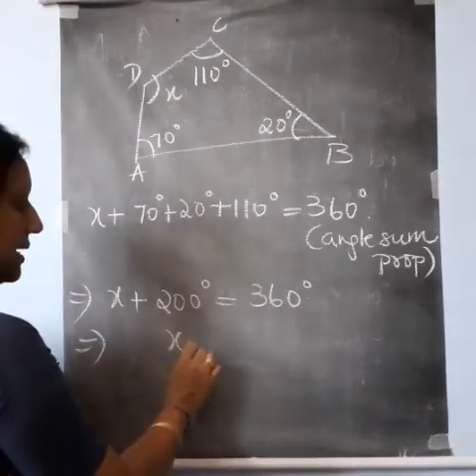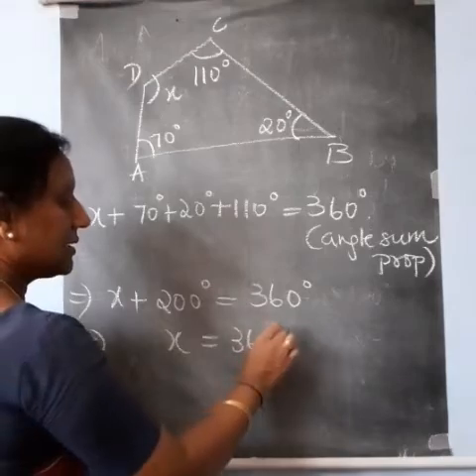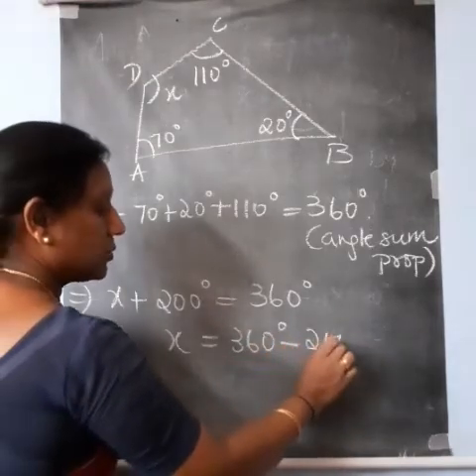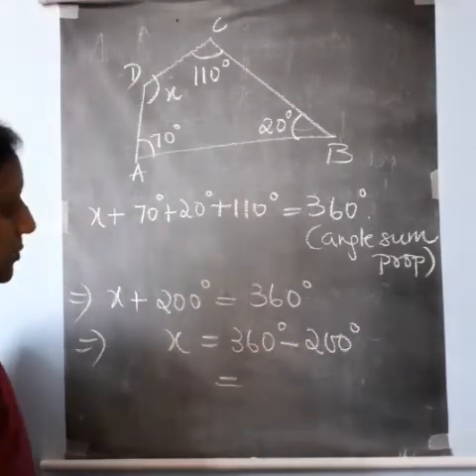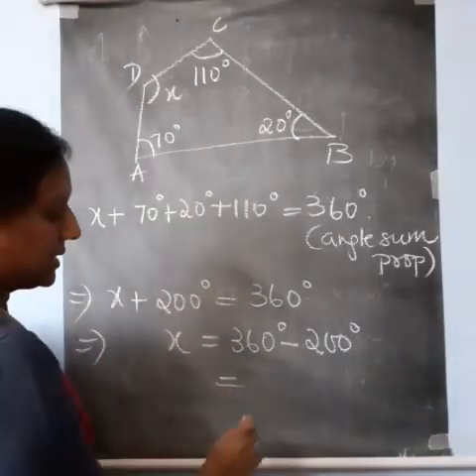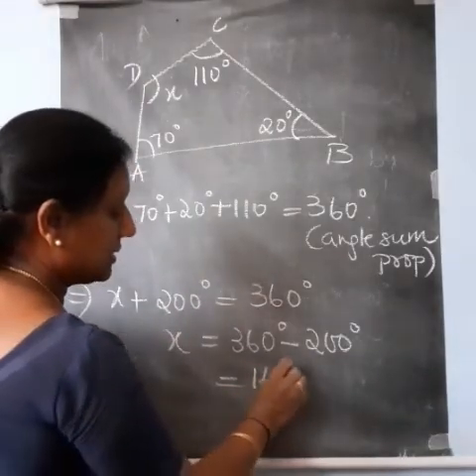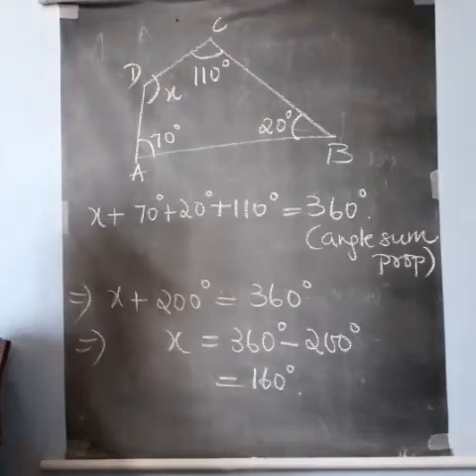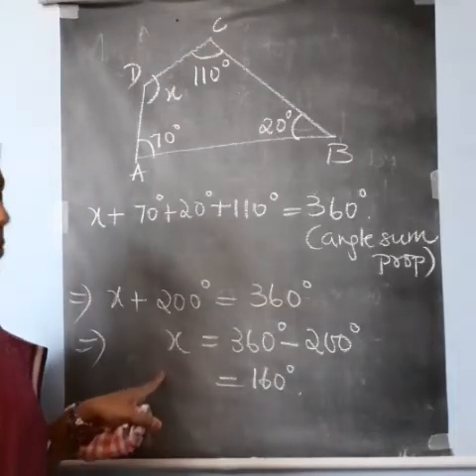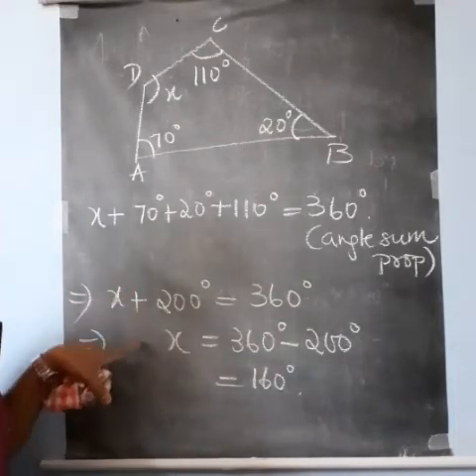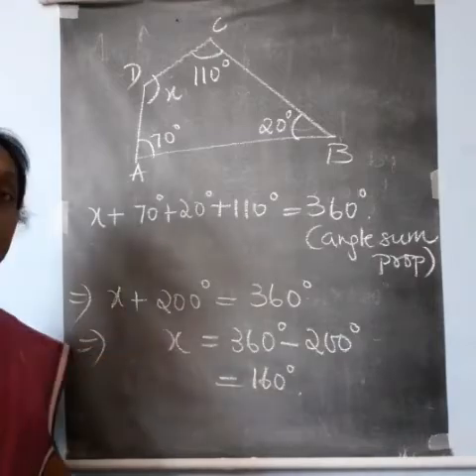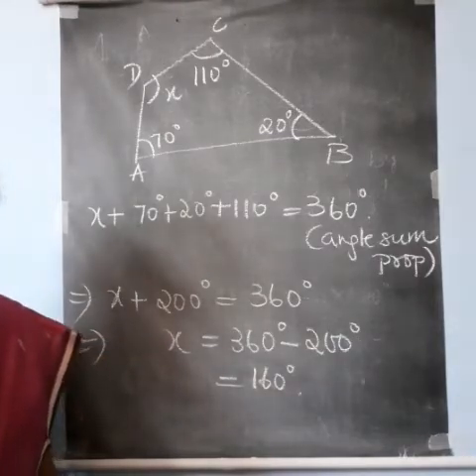That implies x is equal to 360 minus 200 degrees. By transposing plus 200, it will become minus 200. I get 160 degrees. So this is the way of finding the unknown angle in a quadrilateral.